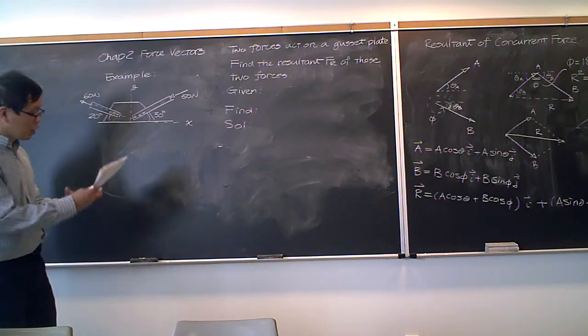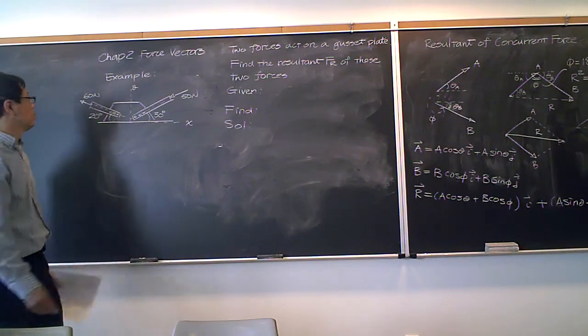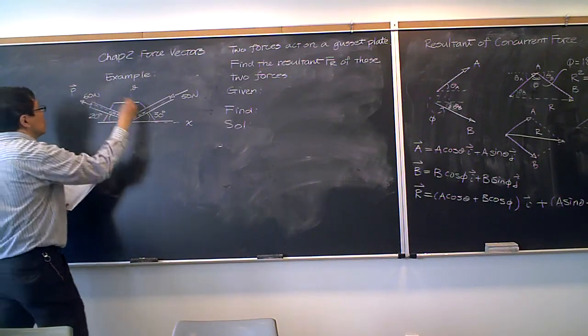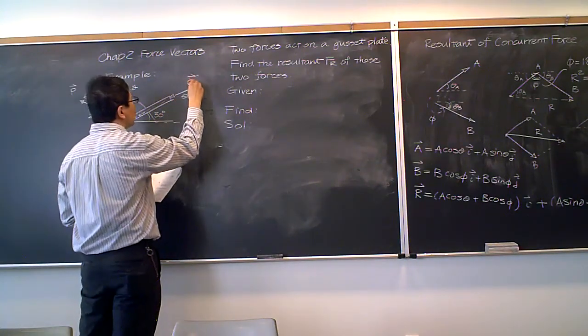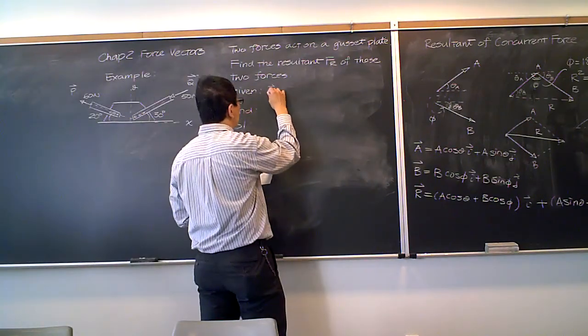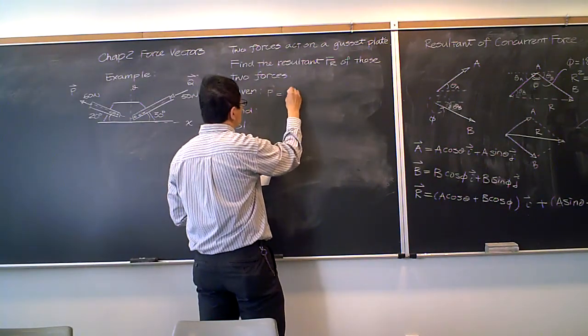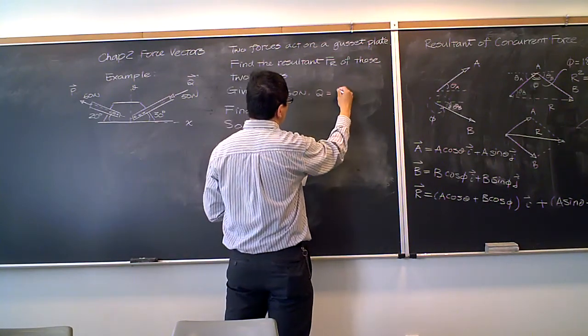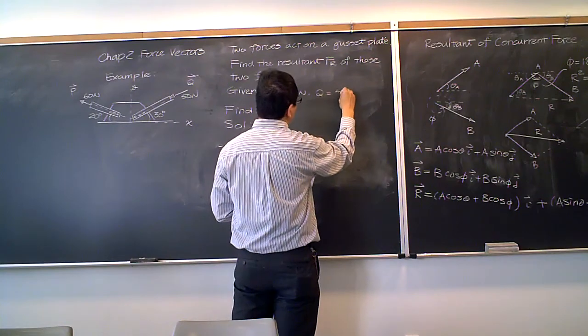Okay? So in this case, I know I have two forces. So I probably want to say, okay, this is my P. So in that case, I know my P is 16 Newton. My Q is 50 Newtons.